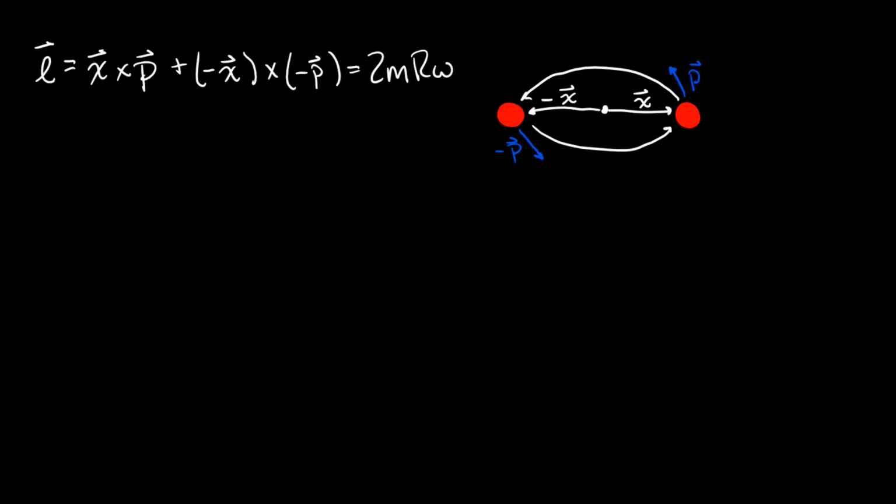Okay, so in this system, what is the angular momentum? L is going to be equal to the first particle cross its momentum plus minus x cross minus p, which is going to give us the angular momentum of the second particle. But the minuses cancel out, and so I just have something like 2mr omega times L hat.